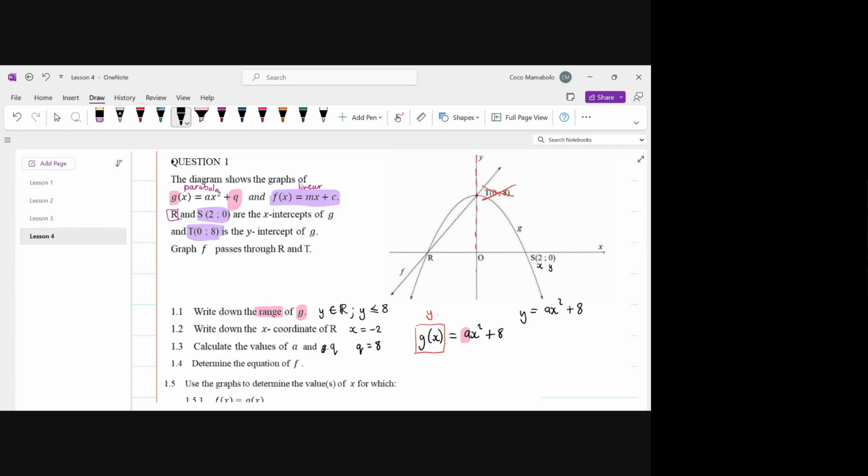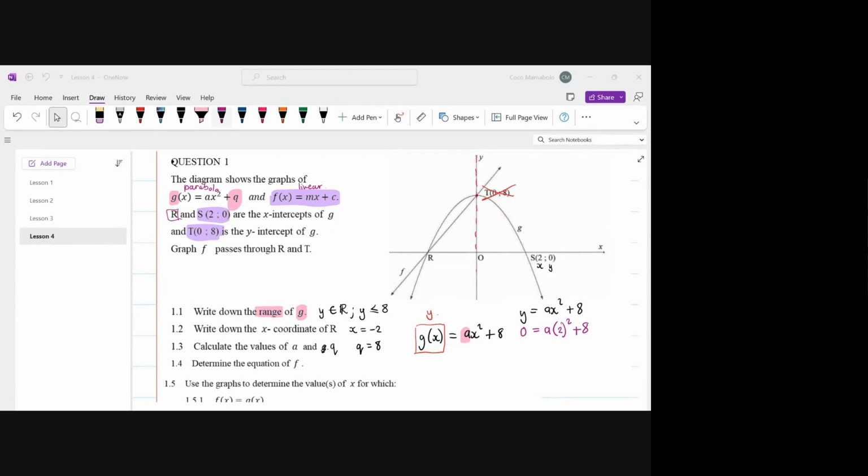So I'm going to replace my Y with 0. So 0 equals A multiplied by my X value, 2 squared, plus 8. And now all I'm solving for is A, because that's all I have left.